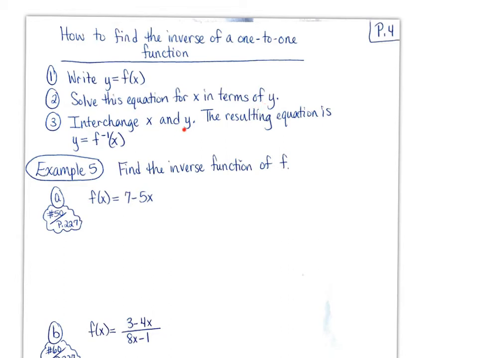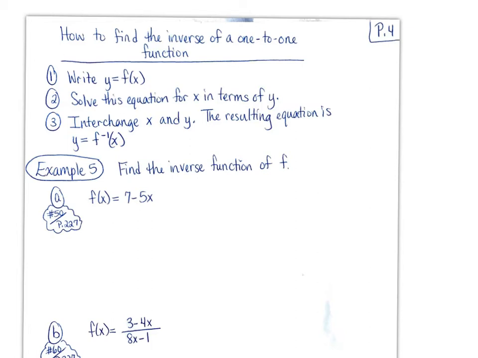We interchange x and y, and then the resulting equation will be y equals f inverse of x. Sometimes in some books you can interchange these last two steps: write y equals f of x, interchange x and y, and solve the equation for x in terms of y, and then the resulting equation will give you this. Either one will work, okay?